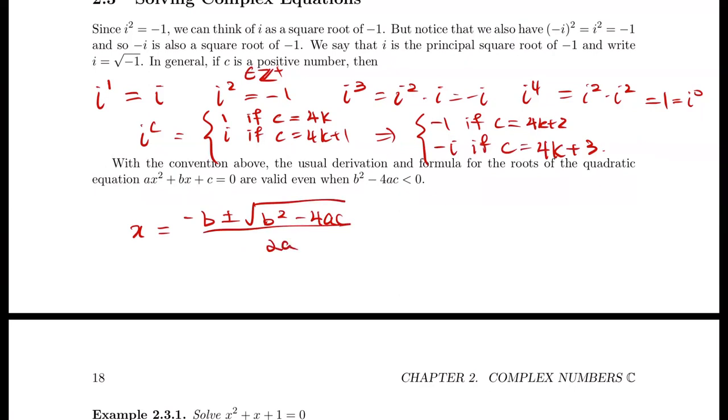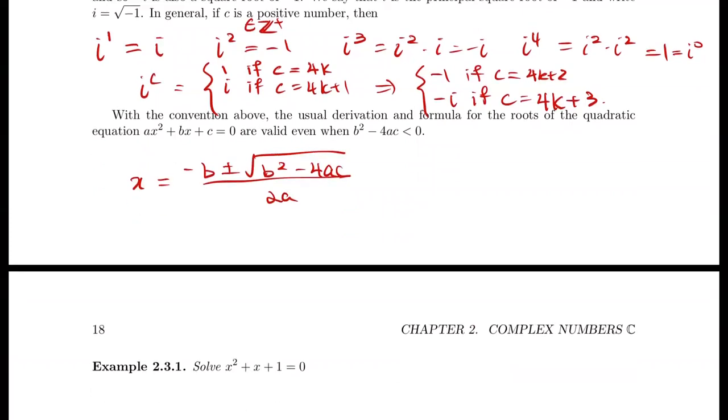If the inside part is less than 0, we know that it does not work in the real case, but we can go ahead and work with complex numbers, using the i that we have worked with, to find all the solutions. So if this is less than 0, we could find more solutions.